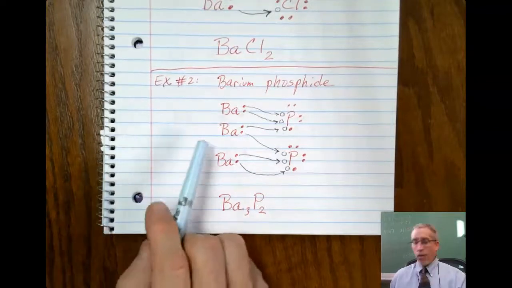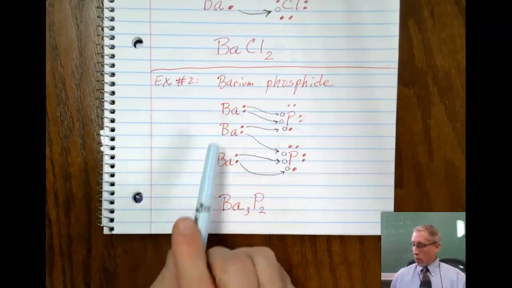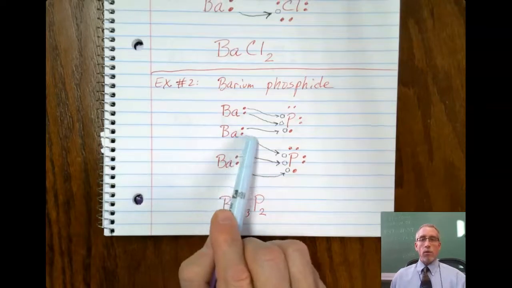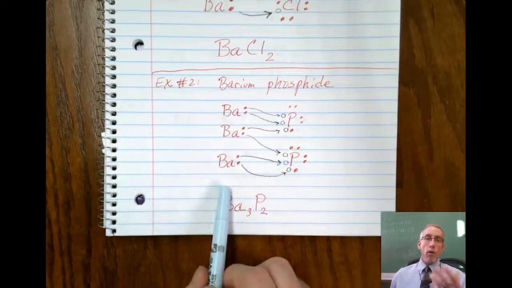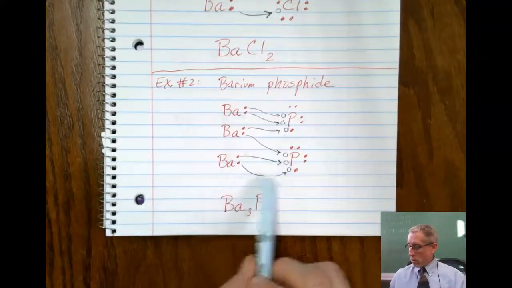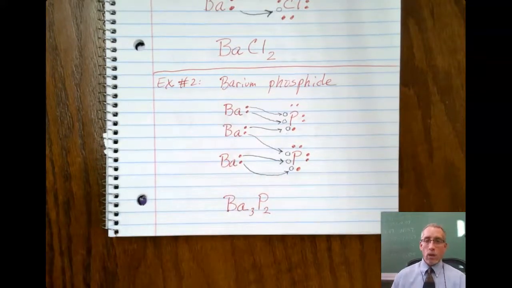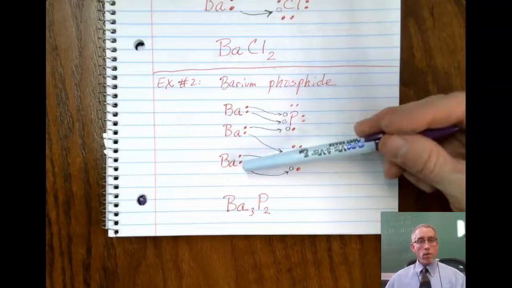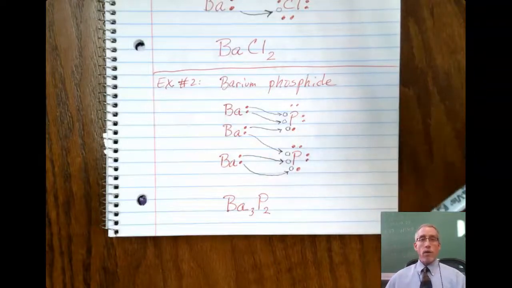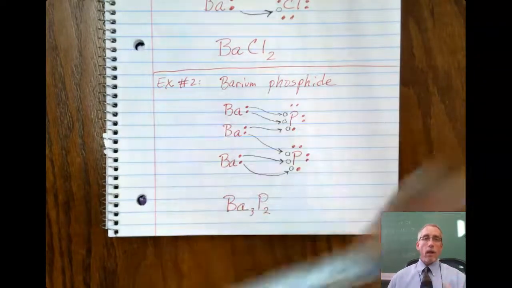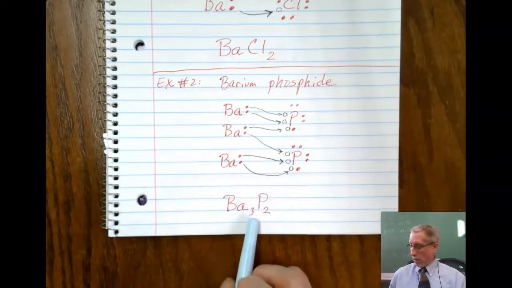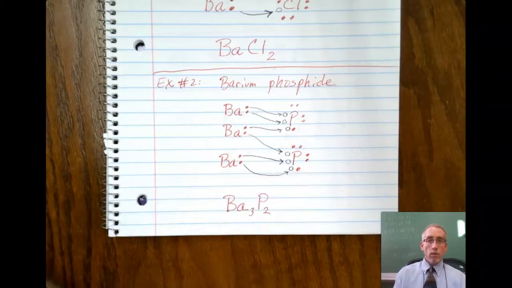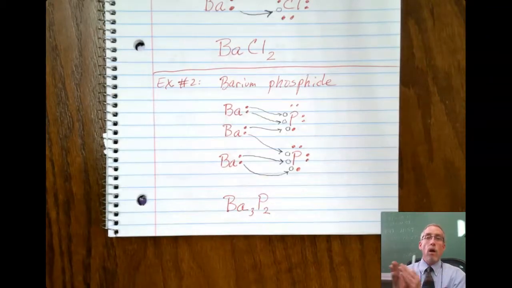Well, then we've got a barium kind of half happy, and so it's going to give the other electron away to a second phosphorus, and then we need yet a third barium atom to give away 2 more electrons. So 3 barium atoms and 2 phosphorus atoms are enough to make all 5 of them happy. So we write the formula Ba3P2. Okay? So the transfer of electrons, that's what ionic bonding is.